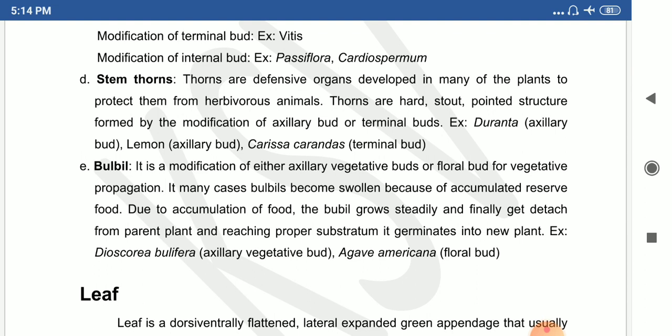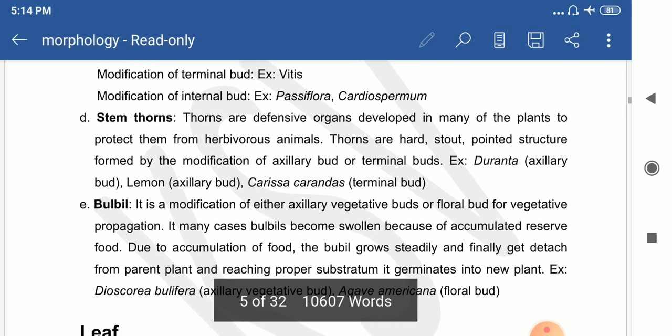The stem is modified in three types: underground stem modification, subaerial stem modification, and aerial stem modification. Usually underground is mainly meant for food storage, subaerial is mainly meant for vegetative reproduction, and aerial is mainly meant for mechanical support or to overcome desiccation or xerophytic conditions.